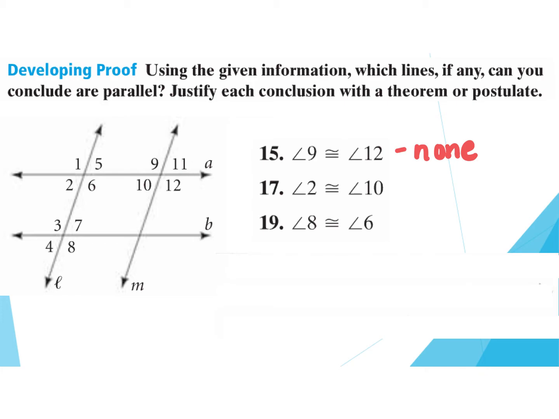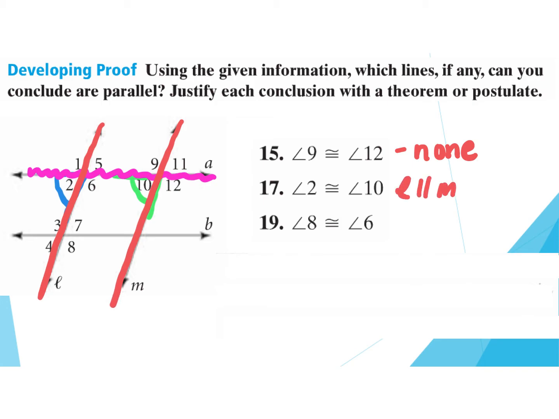For the next one, we have angle 2 over here and angle 10 right here. So my transversal would be the line that crosses, and my parallel lines are these two lines. So you can say that L is parallel to M by converse of corresponding angles.